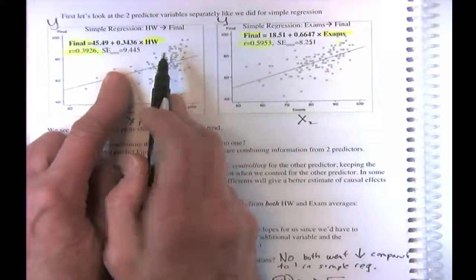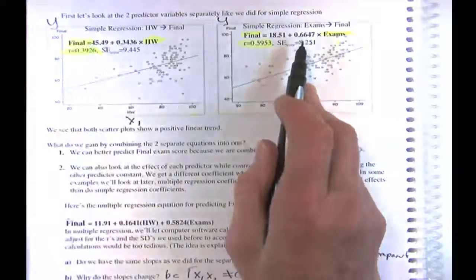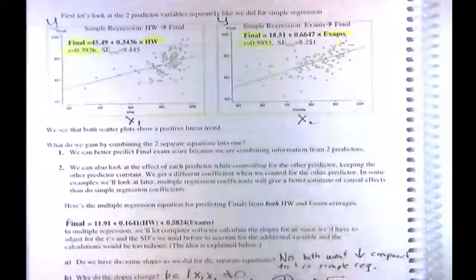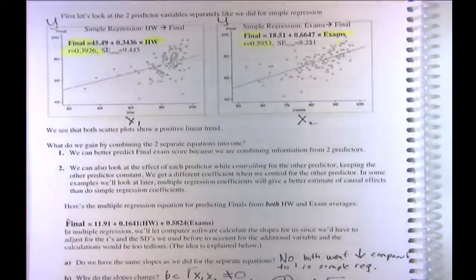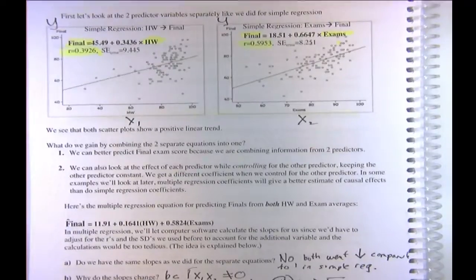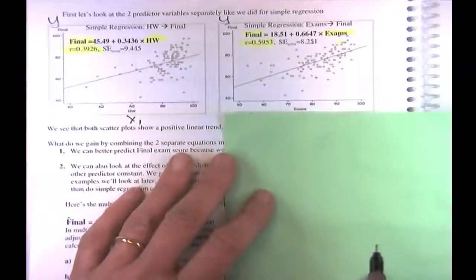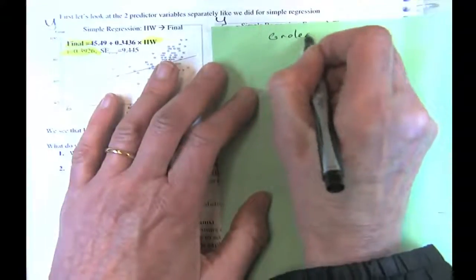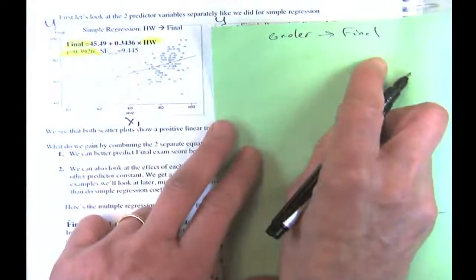And then, of course, there would be another variable that would just be a binary variable. Pretend it looked like this, and the binary variable would be the grader, 0 or 1, predicting the final. So if you had the easy grader, you got 2 extra points, all right?